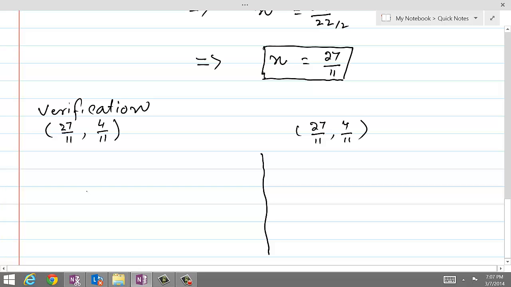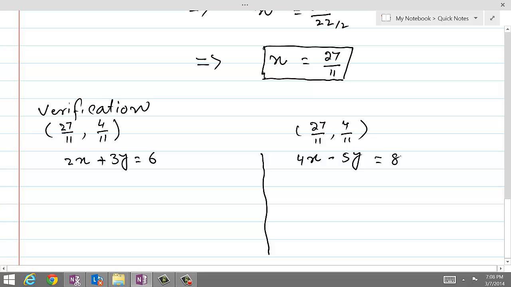And now let's write down the first equation, which is 2x plus 3y equal to 6. And the second equation is 4x minus 5y equal to 8.